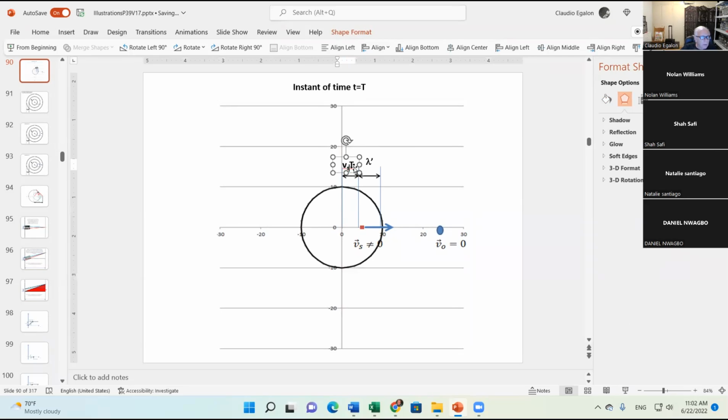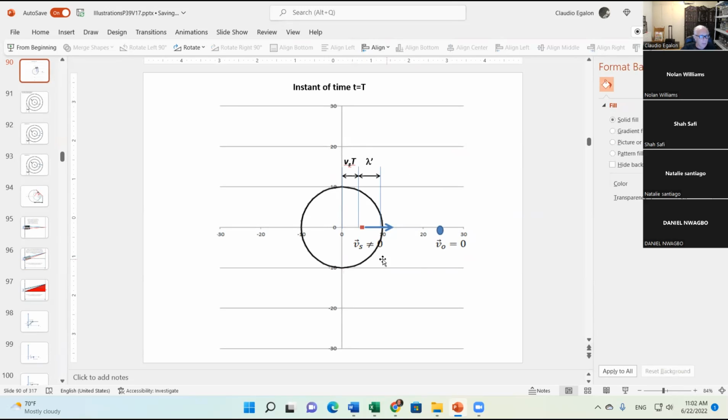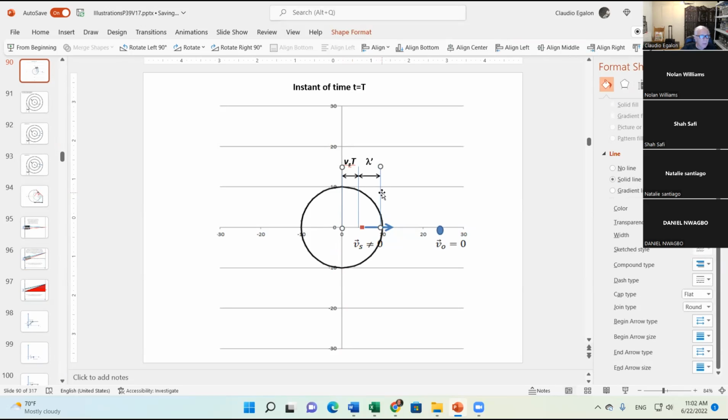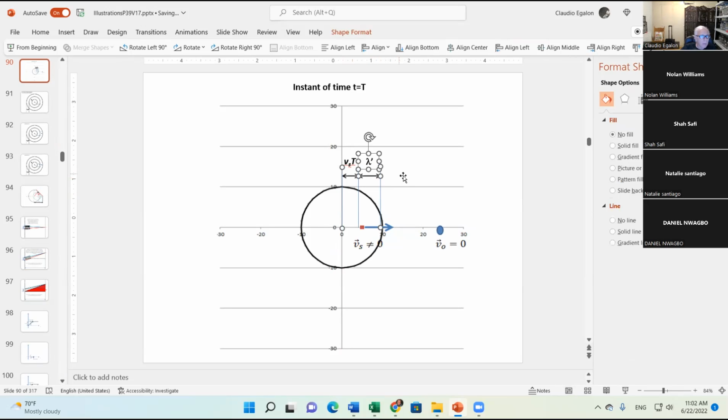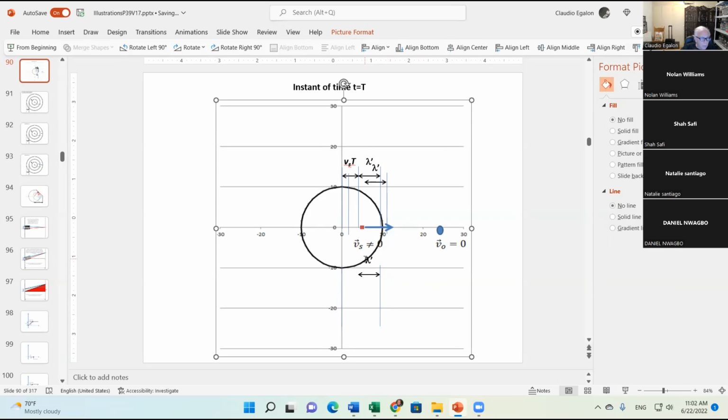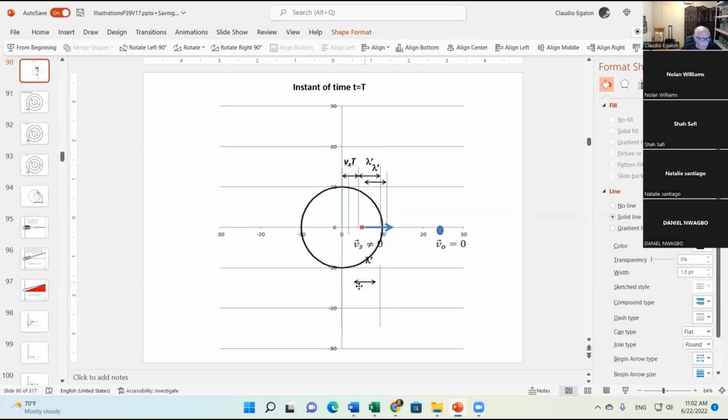Shorten it a little bit. And the distance from here to here is lambda. I'm going to copy that. These are full wavelengths. That's how I get that equation.